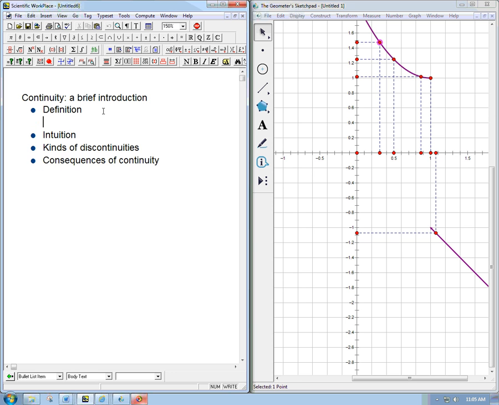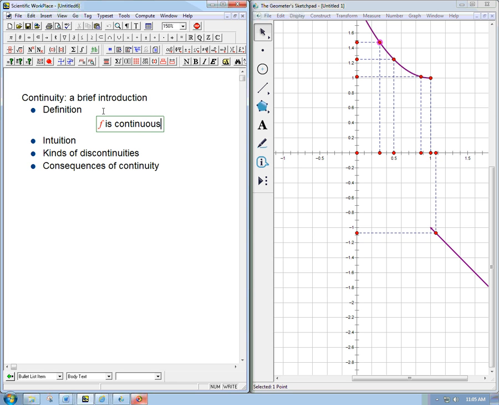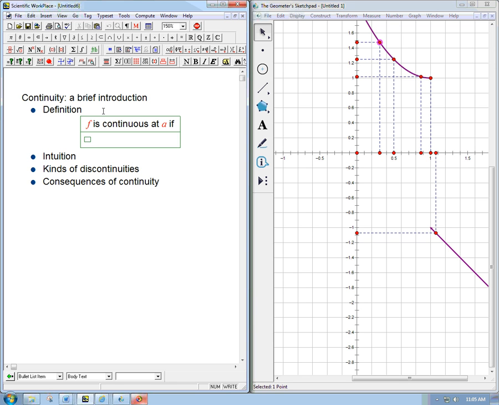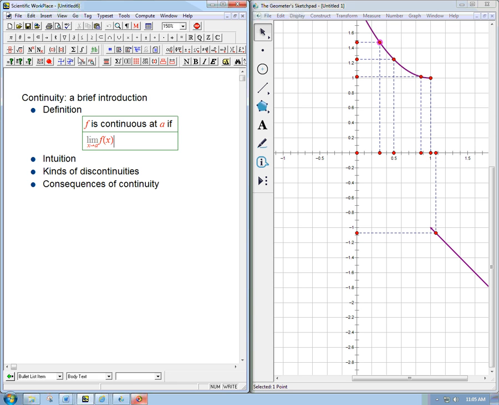It's that f is continuous at a if the limit as x approaches a of f of x has to exist, and the value has to exist.